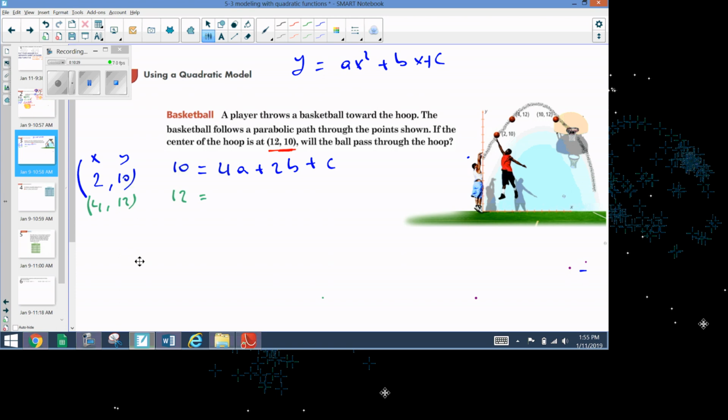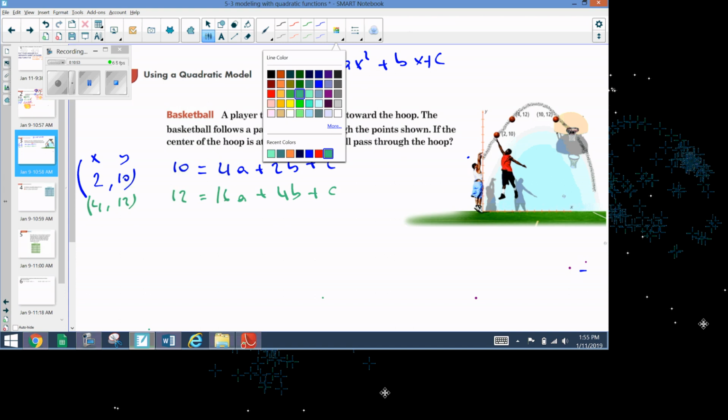Y is equal to 12, and x equals 4. So a times 4 squared, plus b times 4, plus c, and I have no idea about c yet. And then the third point. What color do you prefer? I'll get a red.